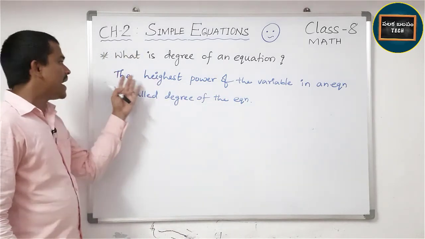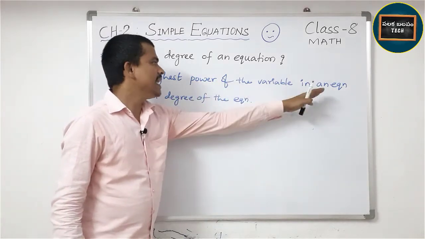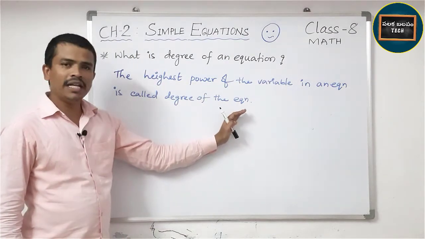So the highest power of the variable in an equation is called the degree of the equation.